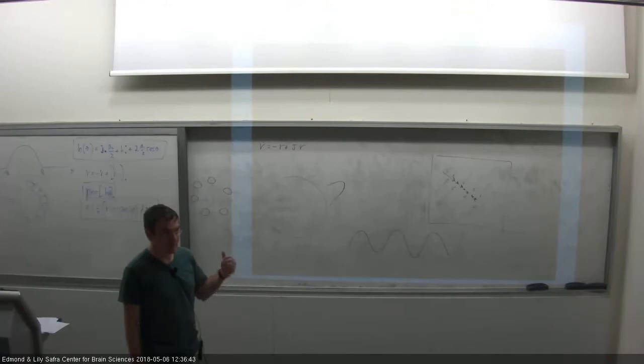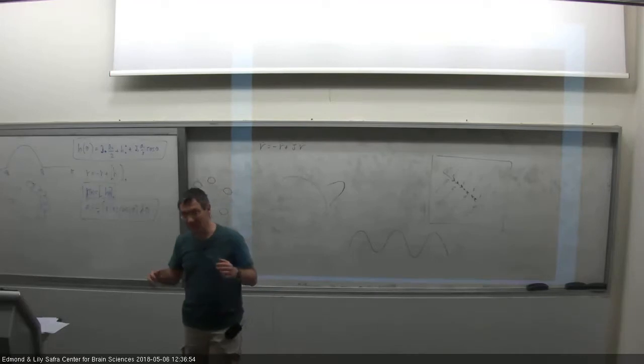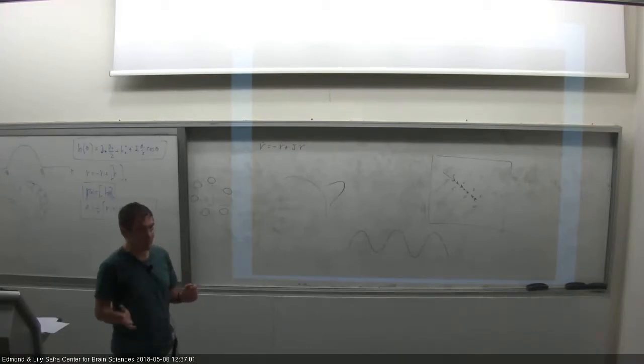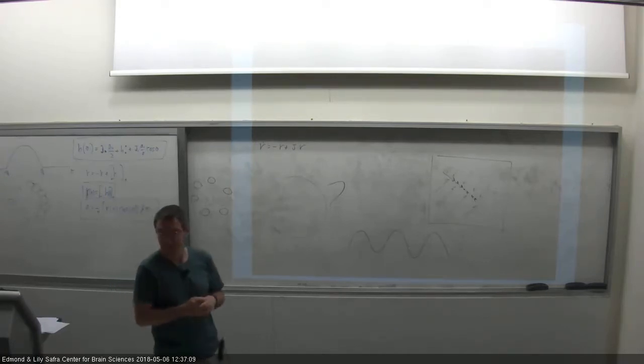Remarkably, similar to the bump solution in the ring model, even in the absence of input, you have a bump of activity, and this bump of activity is a reflection of an integration of the location of the animal as measured by its rotating the ball. So in that sense. Did I answer your question? More questions?